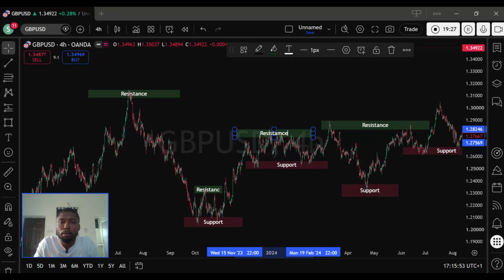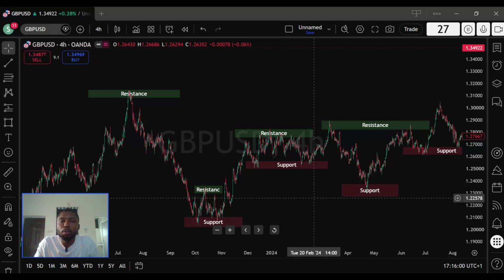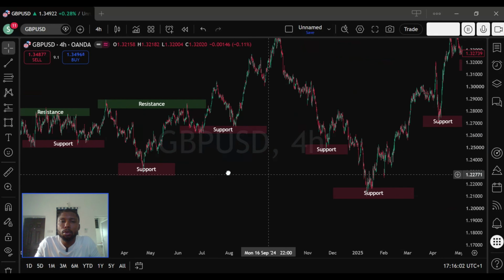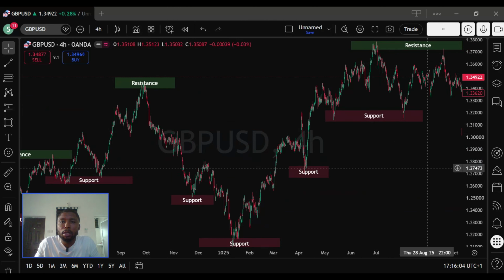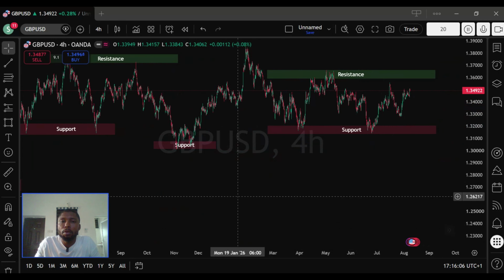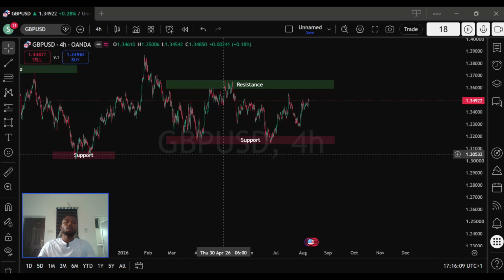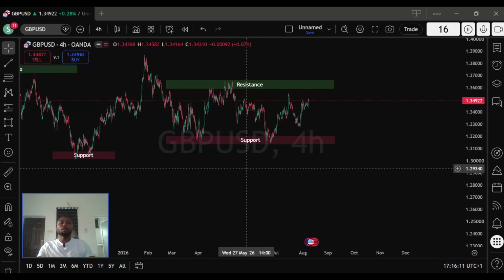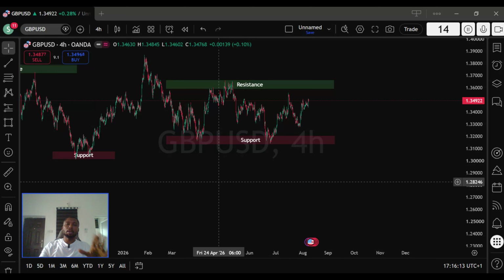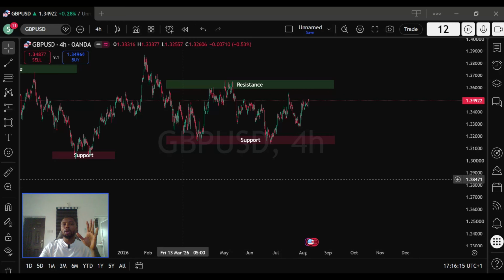Resistance. Yeah, so that is how to plot our support and resistance. As you guys can see, very easy. So these support and resistance levels are from where you take your trades. These are from where you execute your trades.